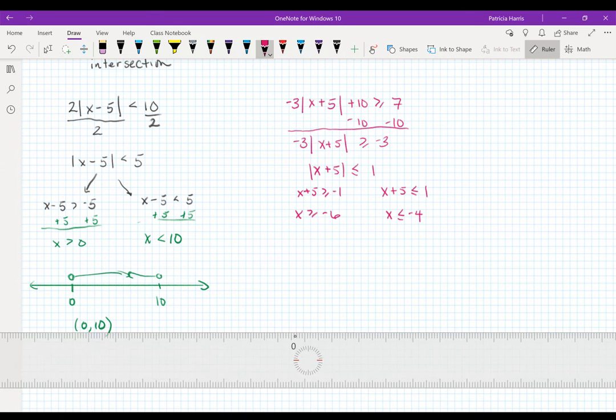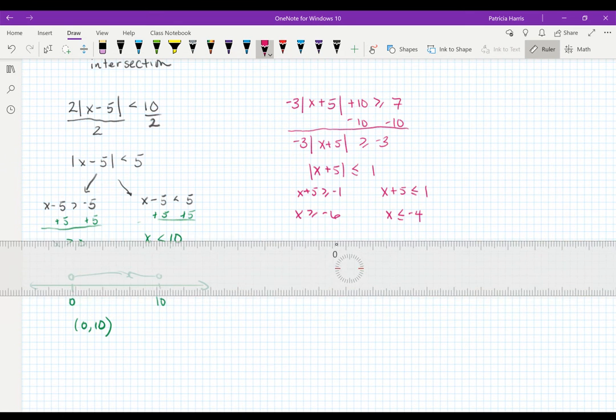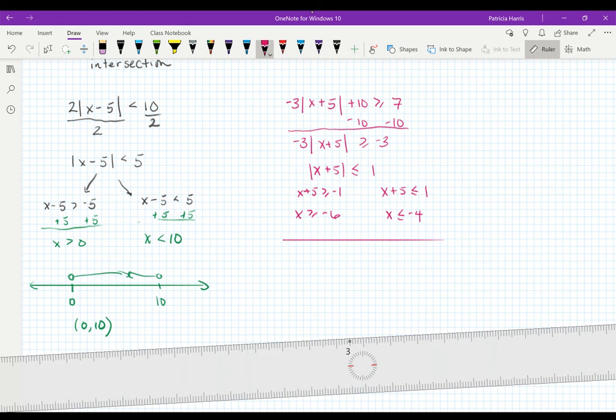And let's graph. So there's negative 6. Closed dot goes this way. Negative 4. Closed dot goes this way.